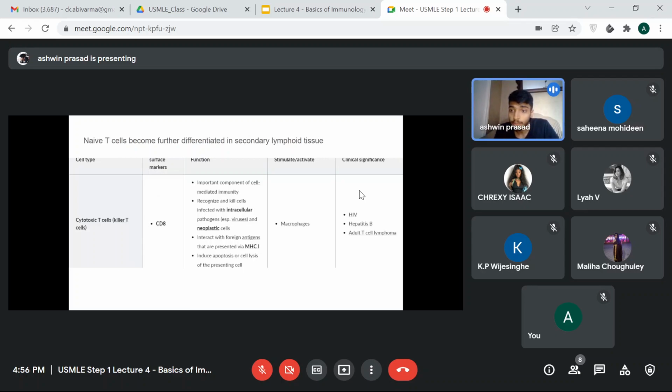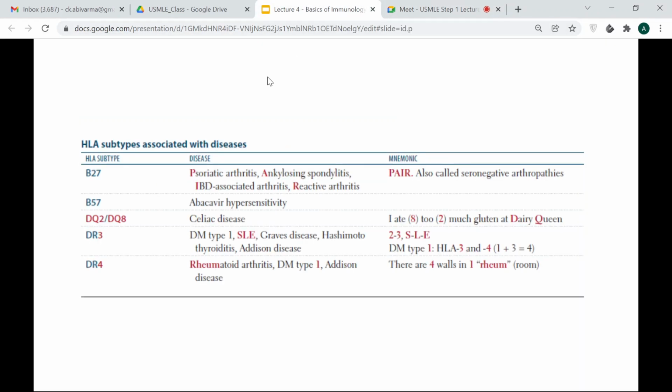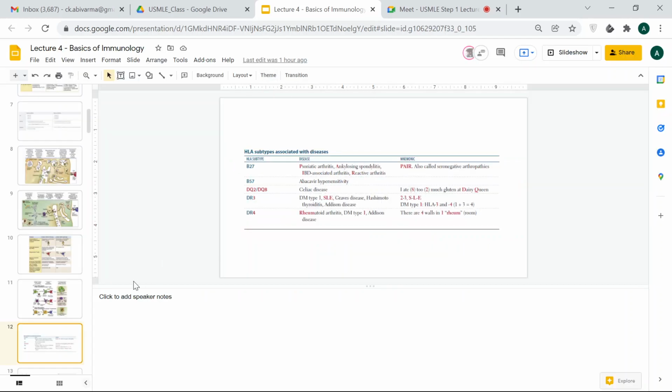So under the area of clinical significance, you have viral infections like HIV and hepatitis B, which take over our cells' mechanisms to replicate by themselves. And that's when MHC class 1 can break a part of this virus and showcase it on the surface so that our cytotoxic T cells can recognize it.